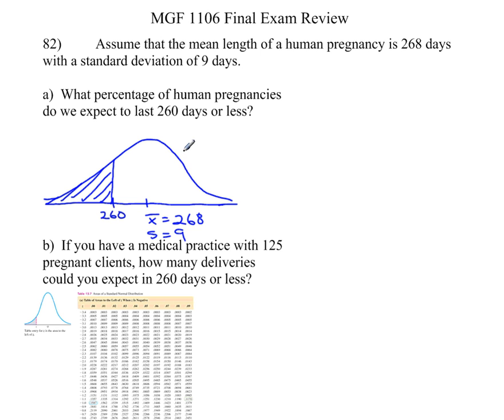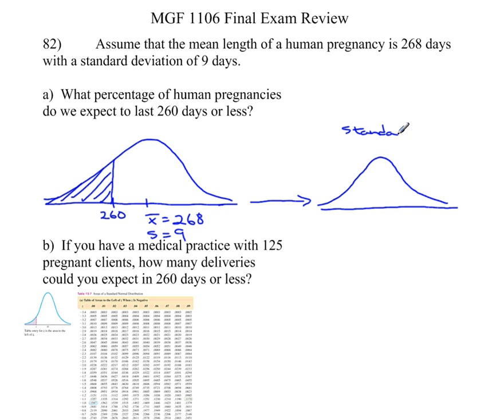Since there is an infinite number of normal distributions with an infinite number of means and standard deviations, to find this information in a table, we'd have to have an infinite number of tables, which of course is impossible. So we take this normal distribution and transform it into what's called a standard normal distribution.